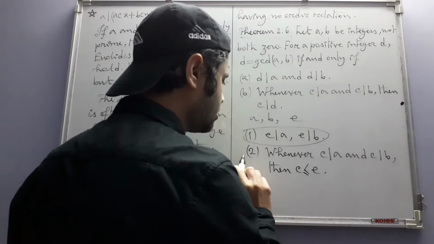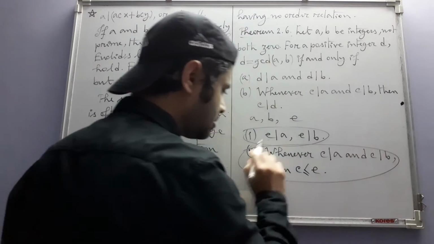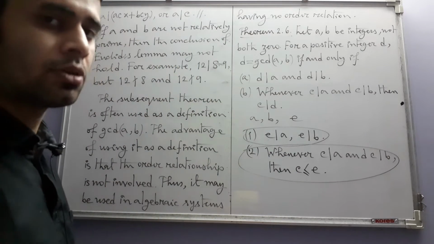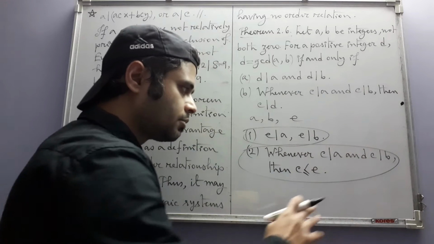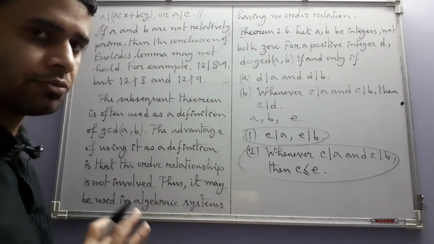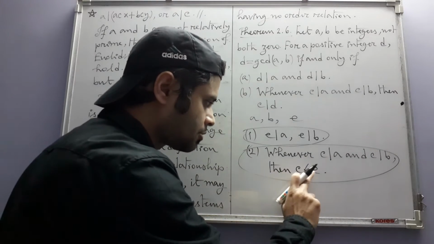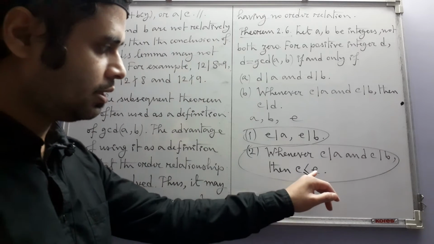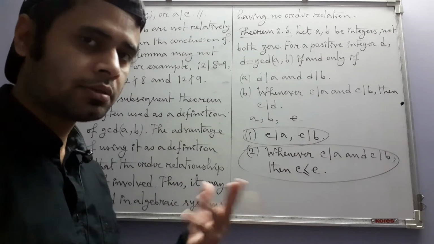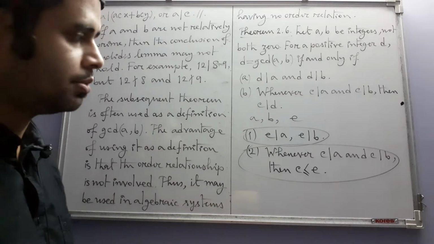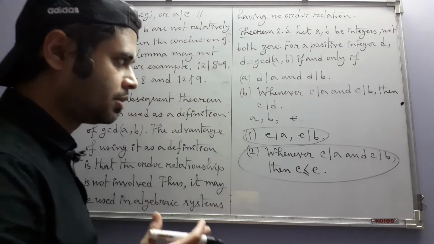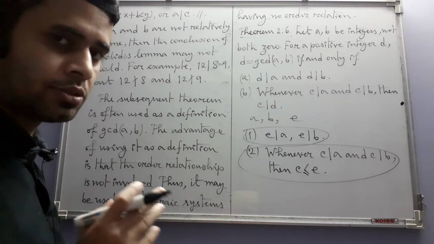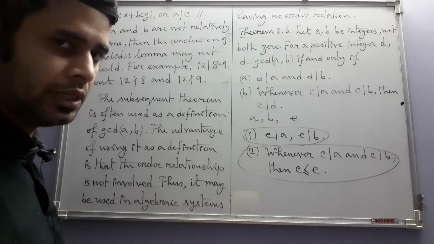And the second condition tells you that it's the greatest such common divisor. If c is any common divisor of a and b, then c must be less than or equal to e. That means e is the largest among all common divisors of a and b. And that is just the straightforward definition of the GCD, or the greatest common divisor of two integers a and b.